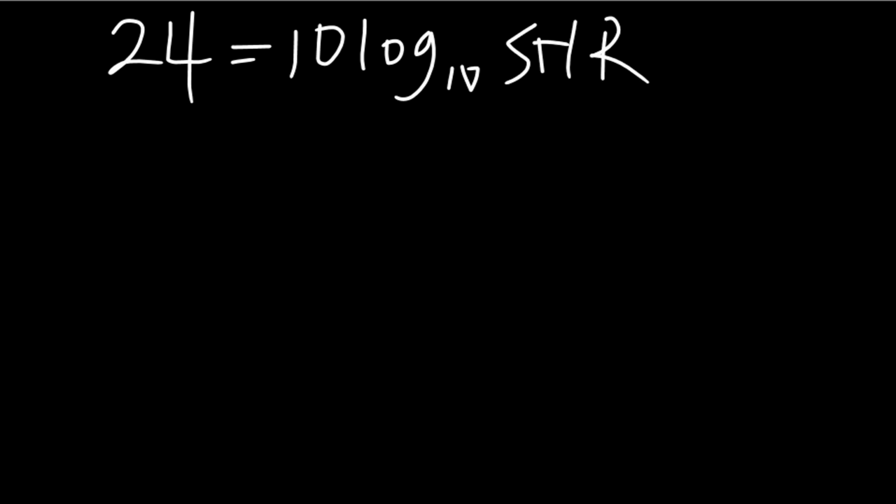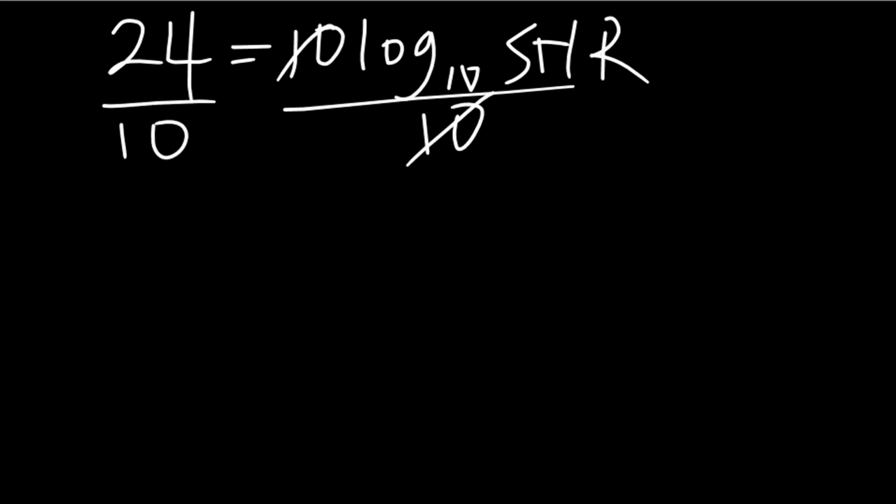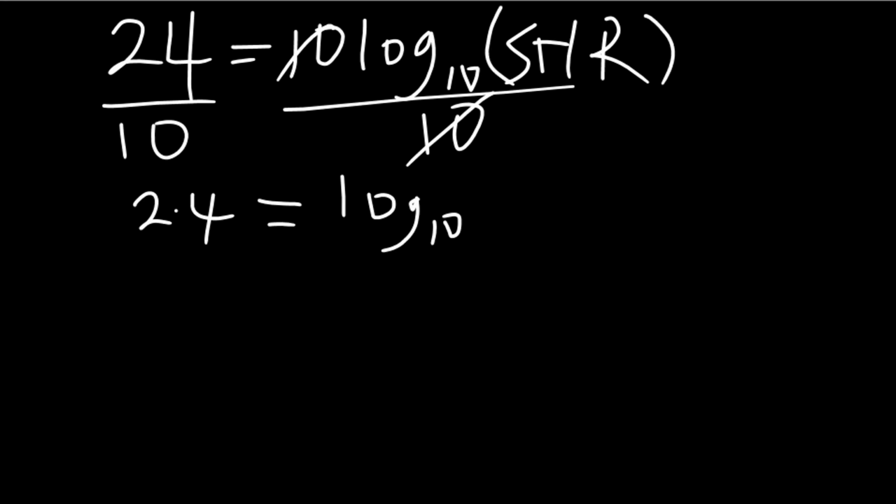Alright, so let's divide through by 10. When we do that, 24 over 10 gives us 2.4. It moves only one decimal place to the left. So 2.4 is equal to log base 10 of SNR. And we are interested in finding the SNR, which is the signal to noise ratio. So what do we do here?